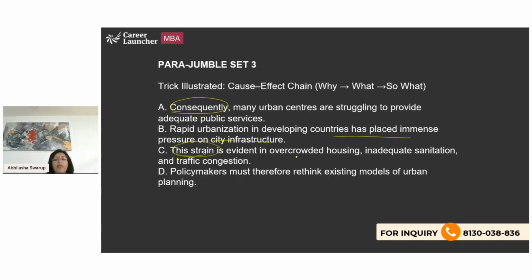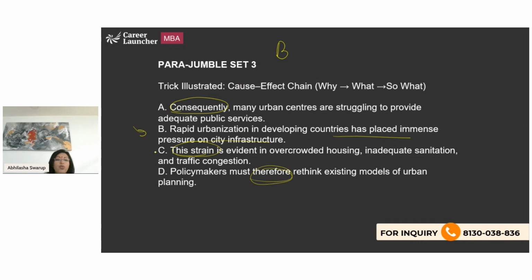This strain is evident in overcrowded housing, inadequate sanitation, and traffic congestion. Policymakers must therefore rethink existing models of urban planning. So I know that B is my starting point, because that introduces the problem that rapid urbanization has placed immense pressure on the city infrastructure.